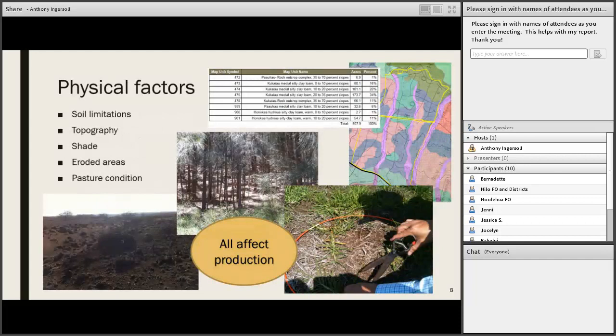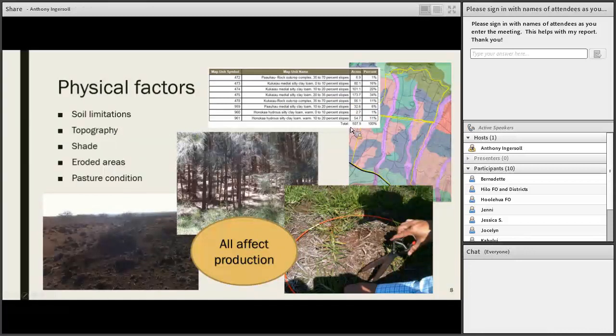When we're talking about physical factors, even given typical growth patterns or expected forage production amounts, the physical factors affecting a site will have an effect on production. Things like your soil limitations, whether you're on a rocky soil, like a rocky outcrop, or if you've got real good deep well-drained soils, or soils that are really swampy.